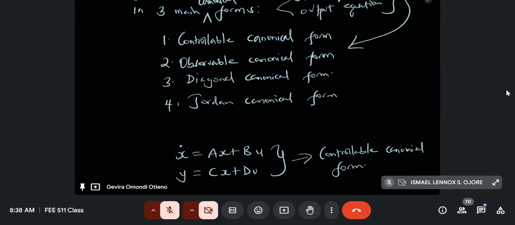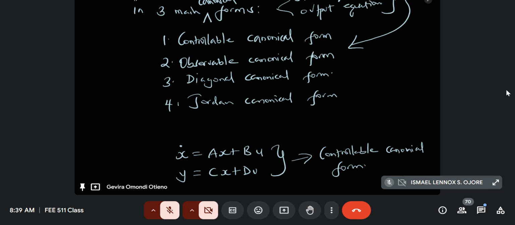But we can still write this controllable canonical form in an observable canonical form, meaning it's going to be equivalent in structure but different in form. The representation is still equivalent, meaning the interpretation by the digital system, or when you're doing simulation, is going to be exactly the same.